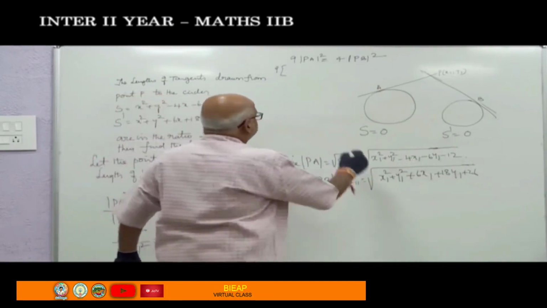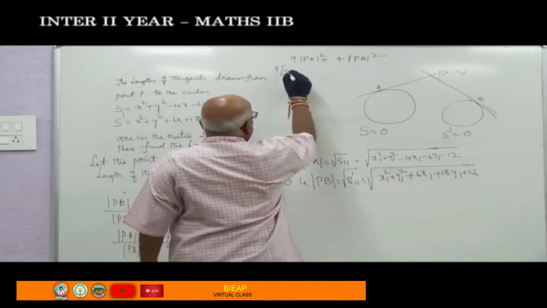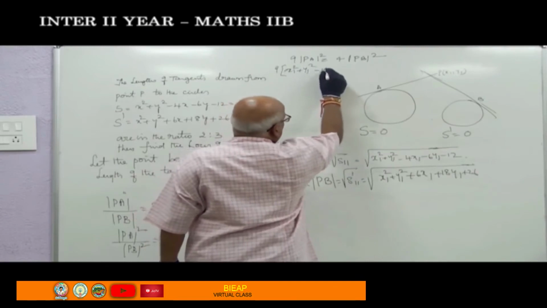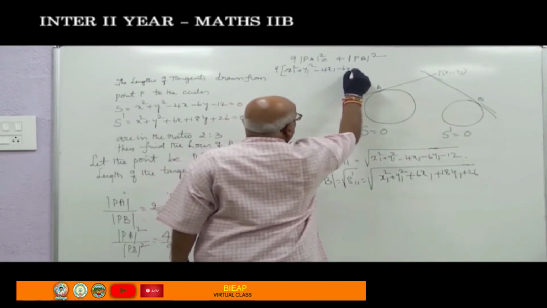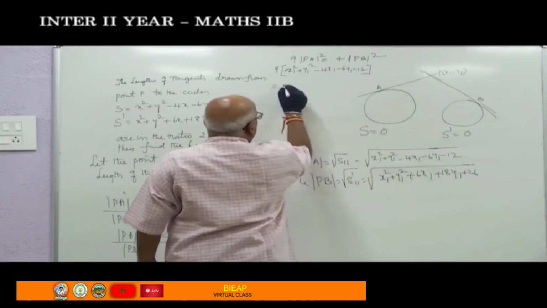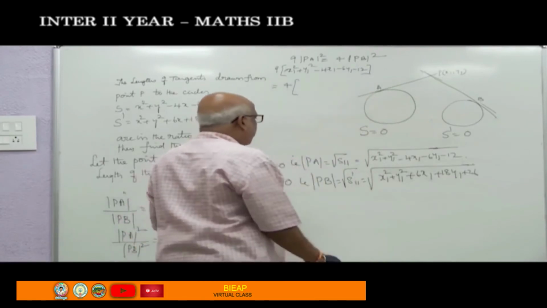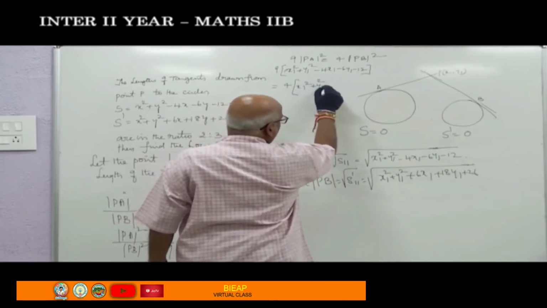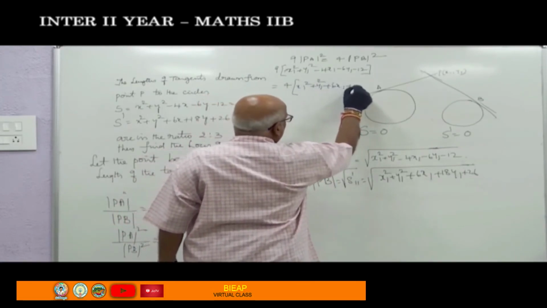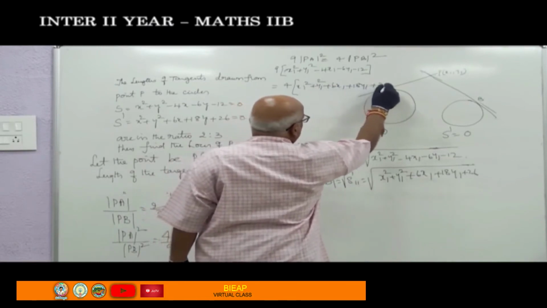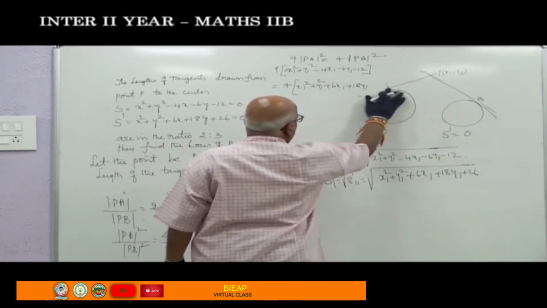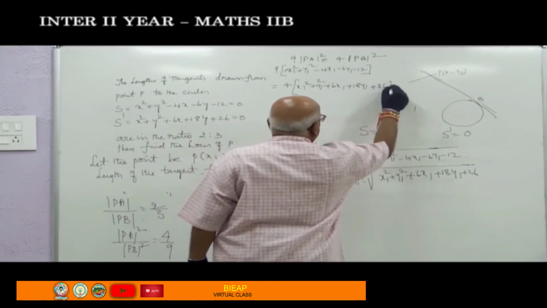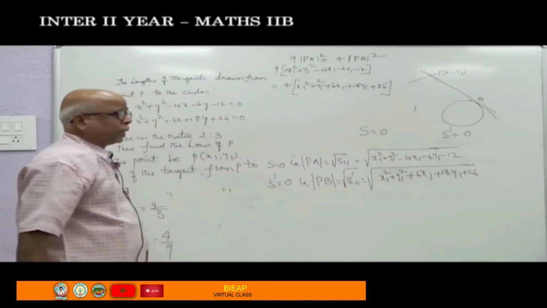Square of this one. 9 into x1 square plus y1 square minus 4x1 minus 6y1 minus 12 equal to 4 into PB square, x1 square plus y1 square plus 6x1 plus 18y1 plus 26. Bring all values to one side.